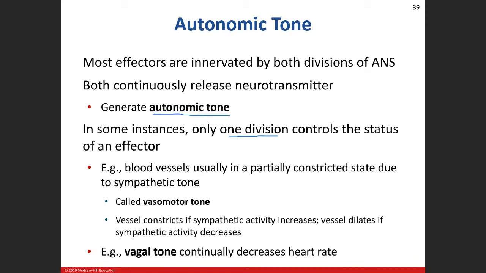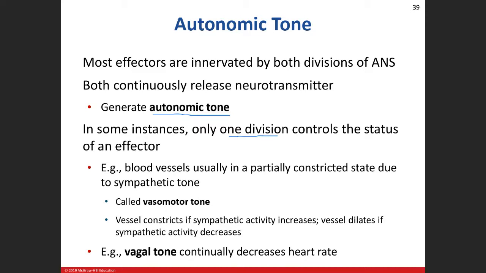Now, if we want to do the opposite, if we want to decrease the blood flow, say it's cold outside and we want to decrease the blood flow to our skin, then our sympathetic nervous system will increase the release of neurotransmitter, thereby increasing the vasomotor tone and causing the blood vessels to vasoconstrict. And that will decrease the blood flow.